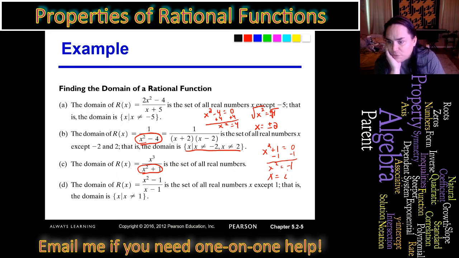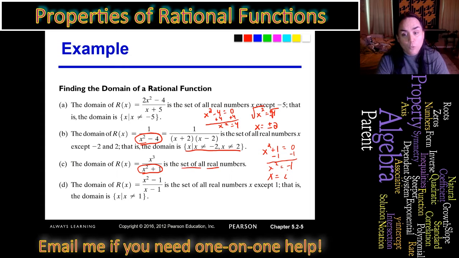That's the only solution to the equation x squared equals negative 1. It's just i. And remember, we're talking about real numbers. We're not using imaginary or complex numbers in this situation. And since i is not a real number, that means any real value of x would give me a denominator that's not equal to 0.